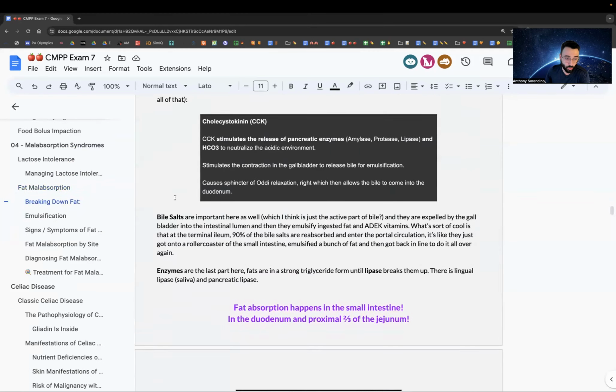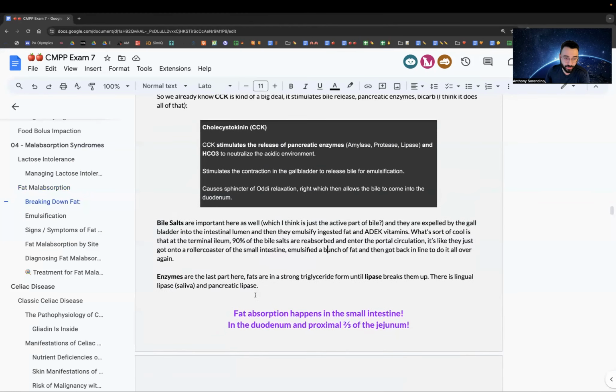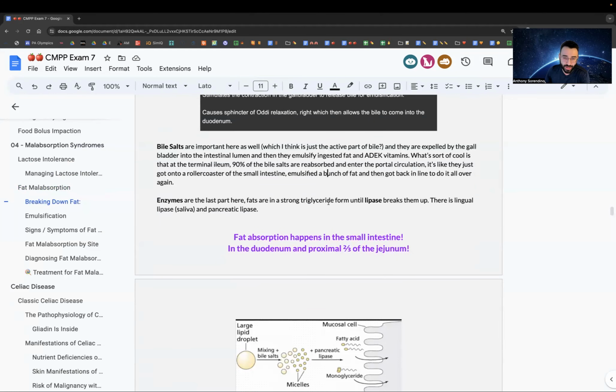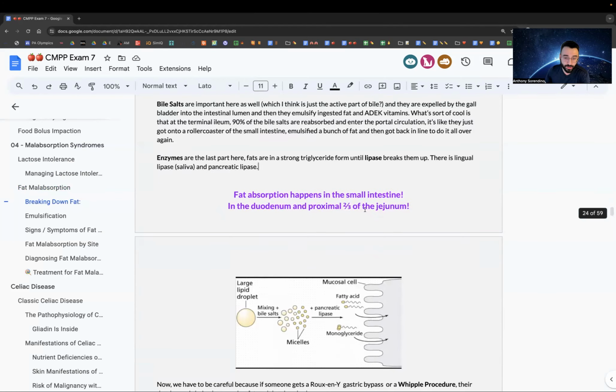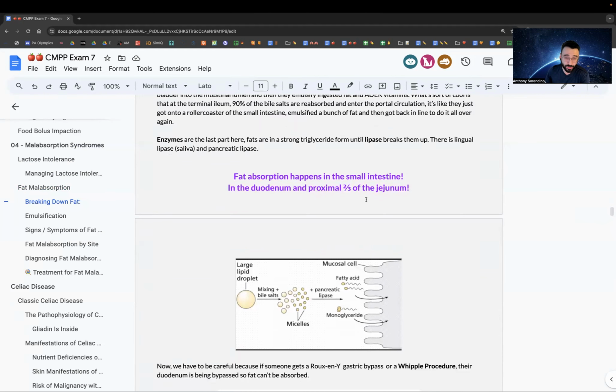So bile salts are important in the breakdown of fat because of emulsification. Enzymes as well. Fats are in a strong triglyceride form until lipase breaks them up. There's lingual lipase in our saliva, and then there's pancreatic lipase. We also want to know that fat absorption happens in the small intestine.